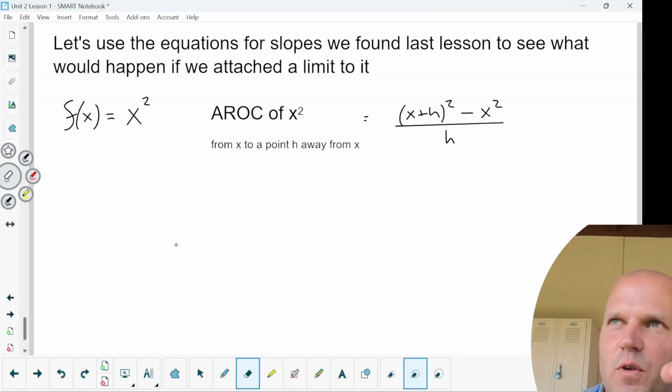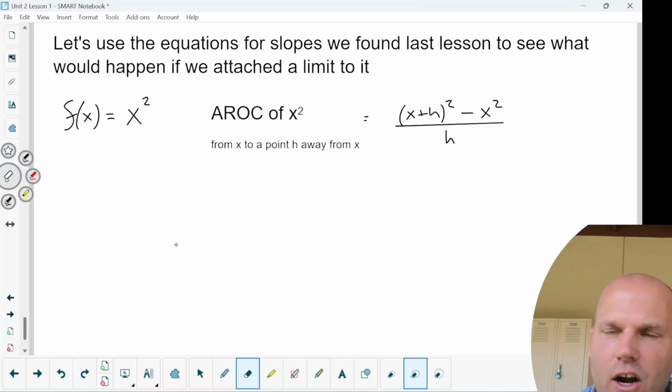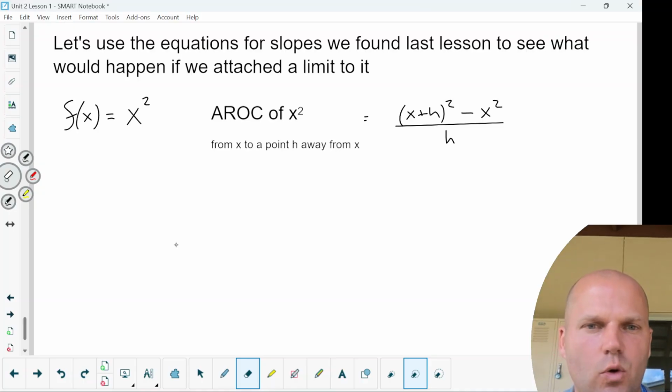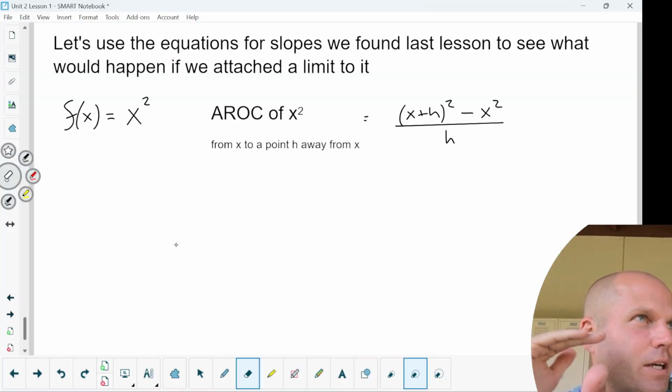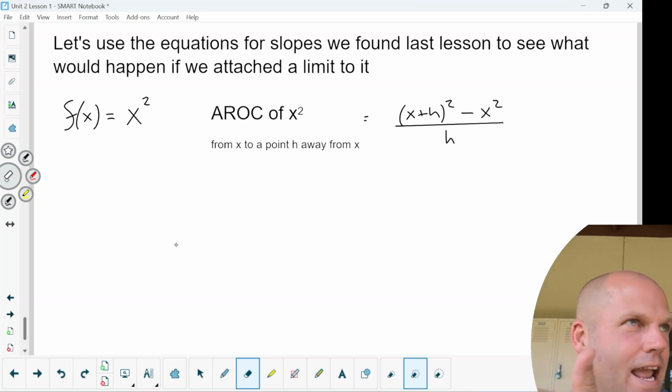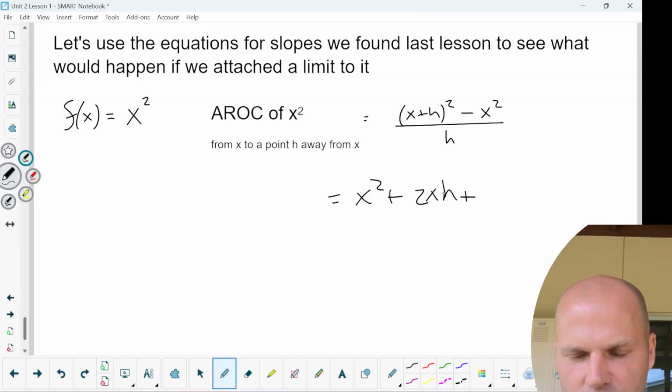Well, let's not go away from what we did. Let's use what we did. Let's look at our average rate of change equation of x squared from x to a point h distance away of x, but then let's see what happens when h approaches zero. All right, cool. You did this on your test. So you had x squared plus 2xh plus h squared.